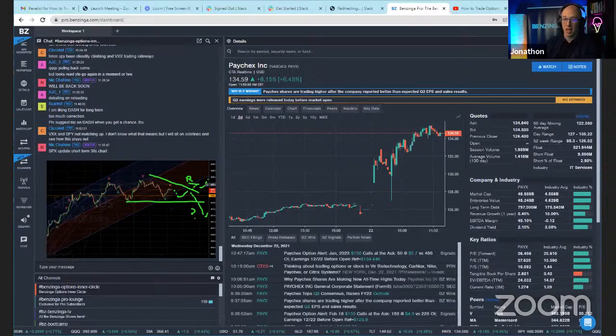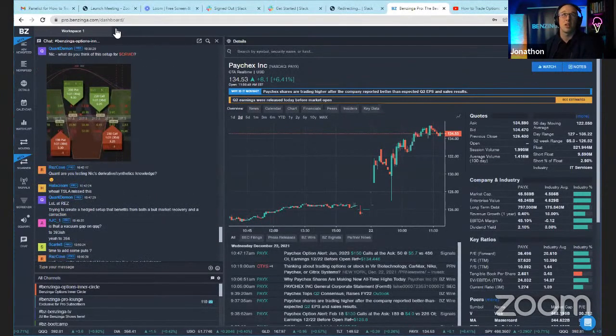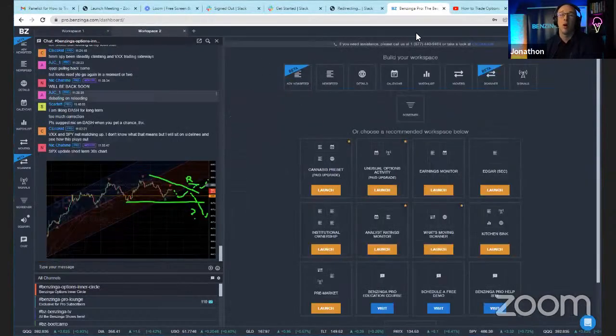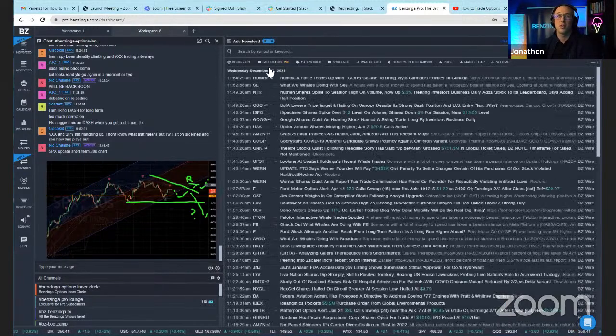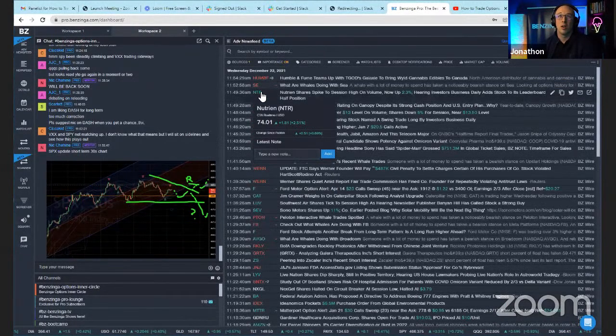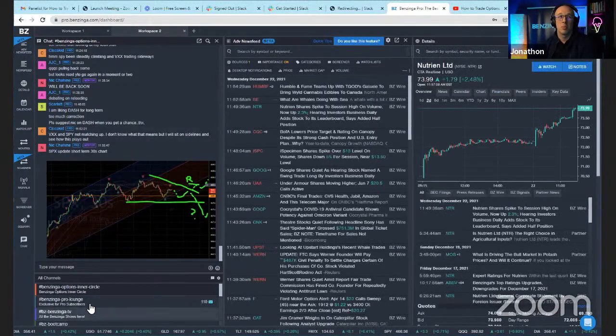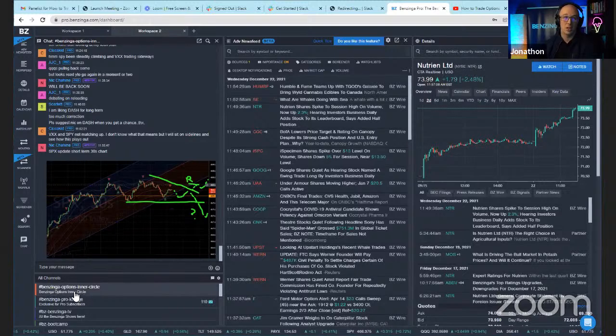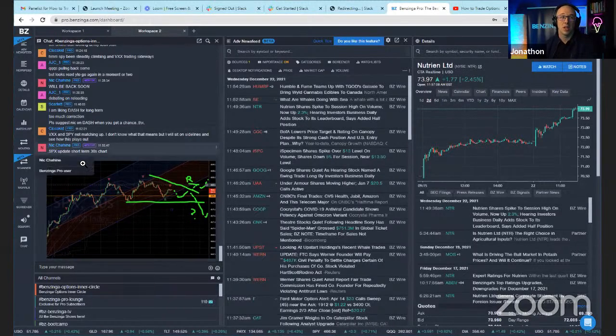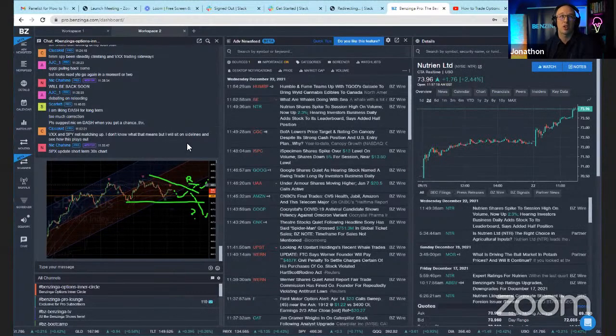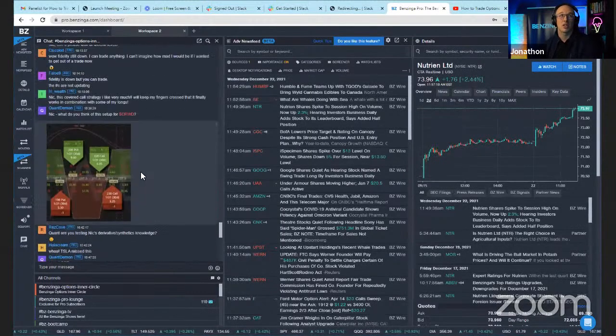So with that being said, let's take a look here on Benzinga Pro. You'll see there's a lot of other tools on Benzinga Pro. All of this is included with the options mentorship plan. So the Benzinga Pro news feed, charting, all of that good stuff, scanners. But what you're concerned about with the options mentorship is this options inner circle chat room. And if I scroll up here, you can see that Nic was talking about the SPX chart, and he's answering questions in here.